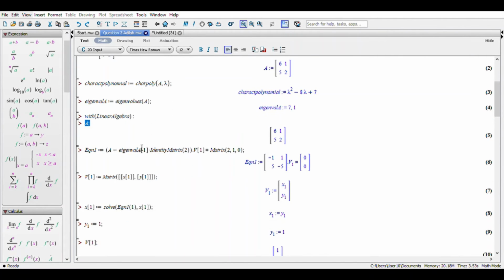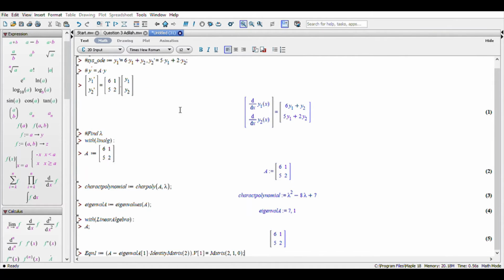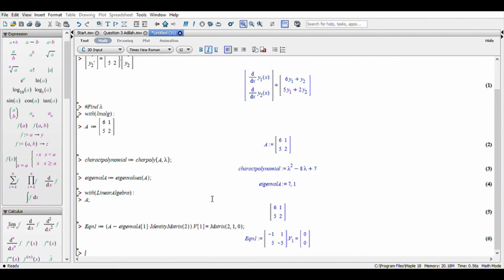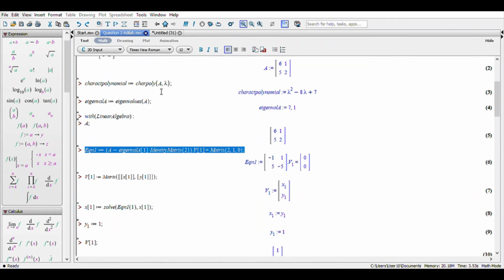And then from the A value, we will form equation 1. This is for lambda 7 in order to find the value of V1.